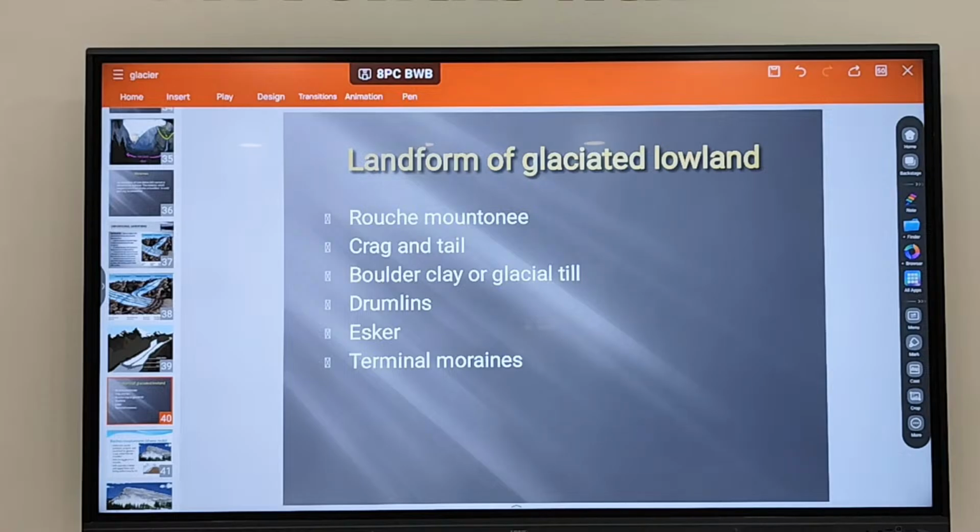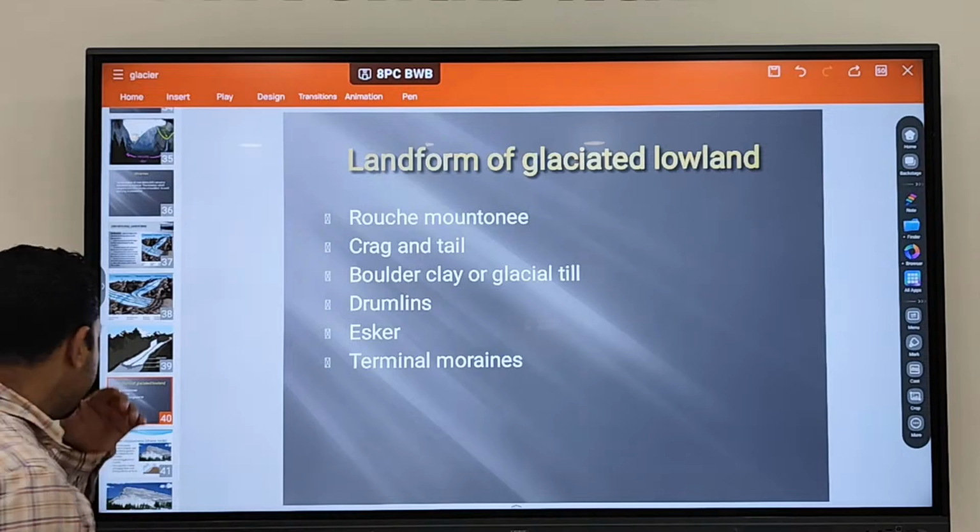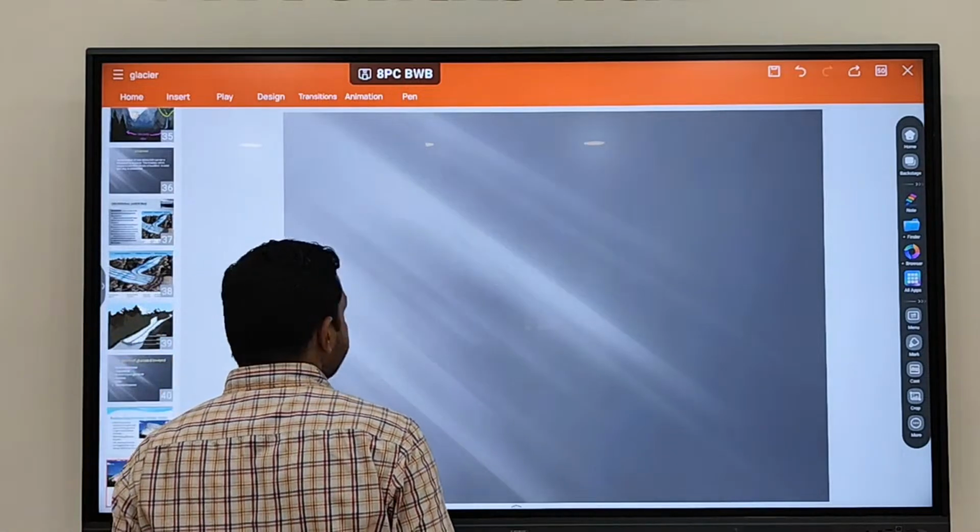Roche Moutonnee, also referred to as Moutonnee or mountain. Crag and Tail, Boulder Clay or Glacial Till, Drumlin, Esker, and Terminal Moraine or End Moraine. These are the lowland features. Clear? So you may get a question like this in the examination.